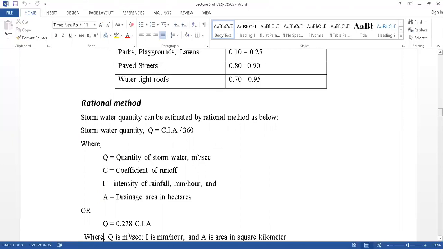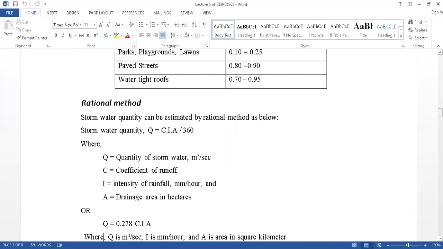This is not a formula built on an experimental survey basis. This is basically logic-based. Suppose A is the area in square meters or hectares or whatever it is. It is a square quantity. I, the intensity, is a single dimension, in millimeter or centimeter per hour, or per unit time duration.